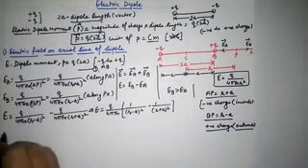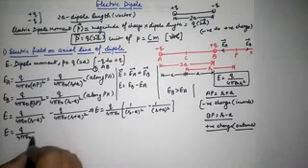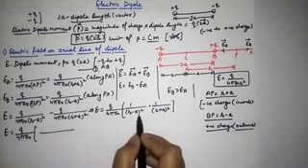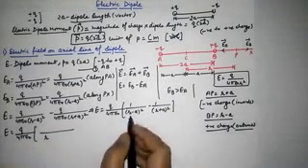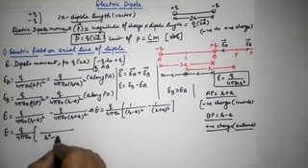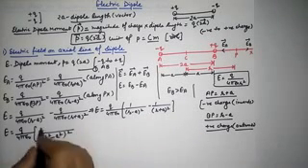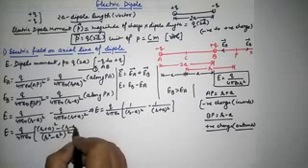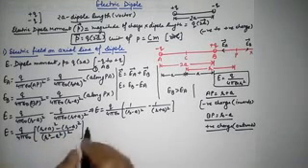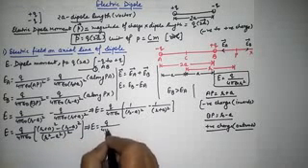Now we take the LCM, that is Q upon 4 pi epsilon naught, again this is common. The LCM is, this is A minus B, this is A plus B. So the LCM is A square minus B square, that is (R square minus A square) whole square. So here we have (R plus A) whole square minus (R minus A) whole square. We will simplify this. So we get Q upon 4 pi epsilon naught.